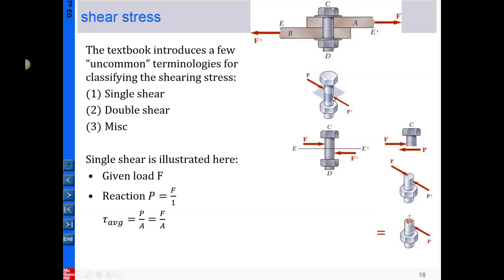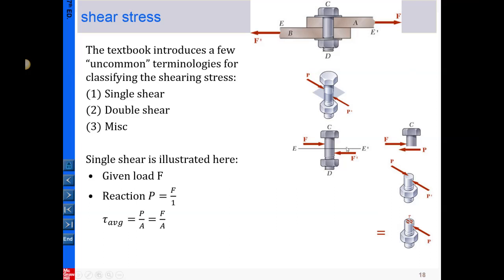So that is P prime, equal to F prime. Furthermore, in static equilibrium, force F and F prime in magnitude must be equal to maintain the static equilibrium.